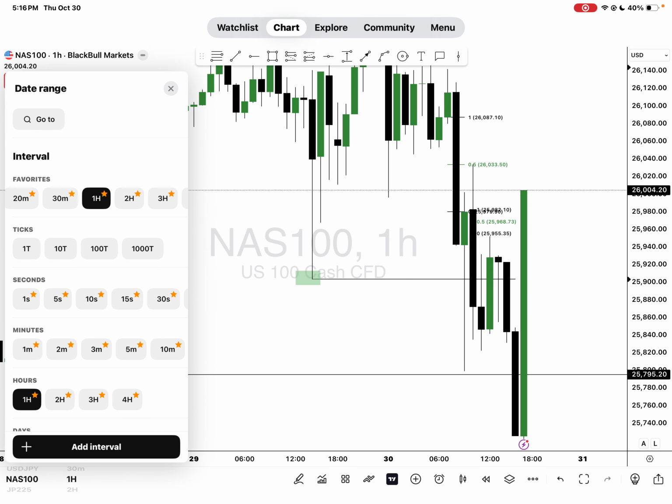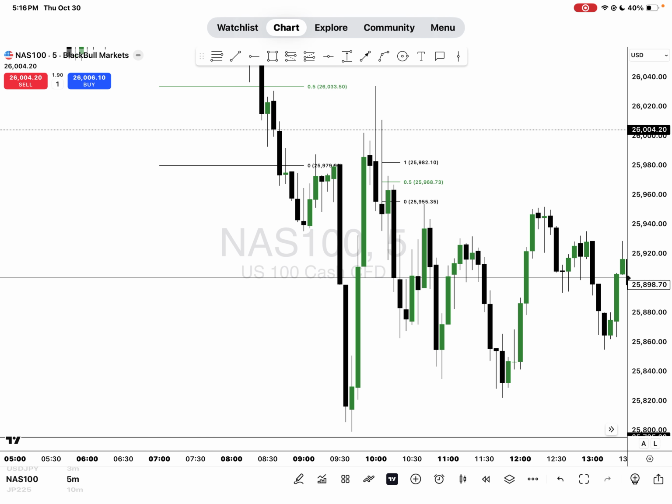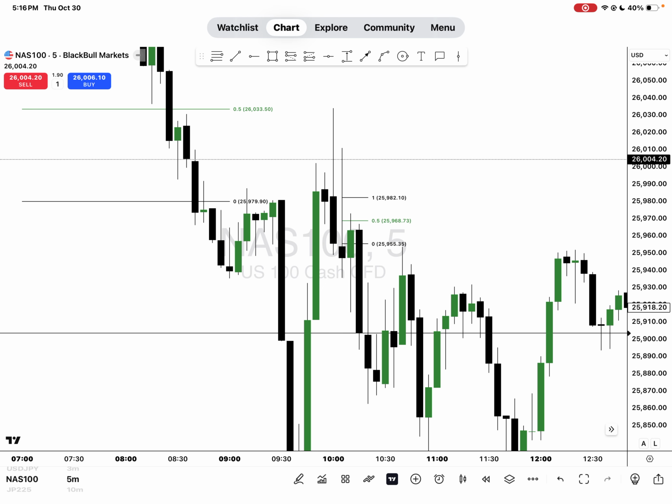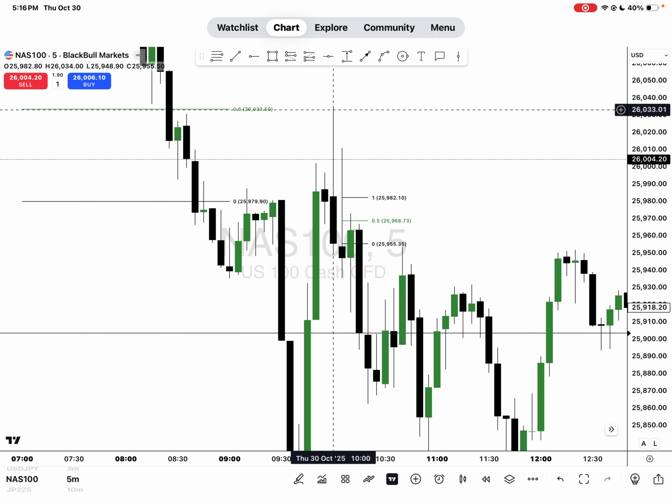So immediately after mitigation of that 1 hour candle, I went down to the 5-minute time frame to assess the micro price action after the mitigation of the 1 hour price gap. So this 50% here represents the 1 hour price gap 50%, and that's what got mitigated there. You can see the wick.